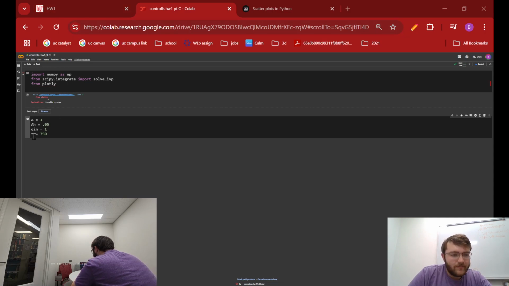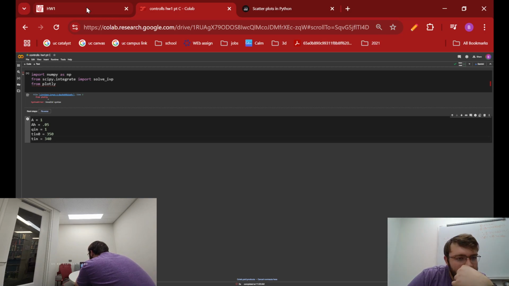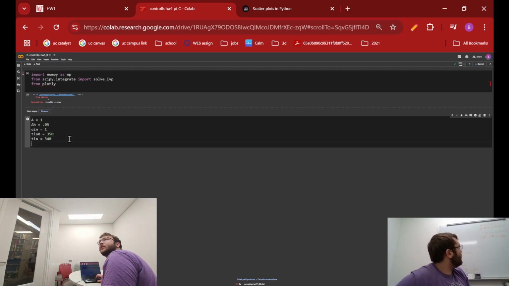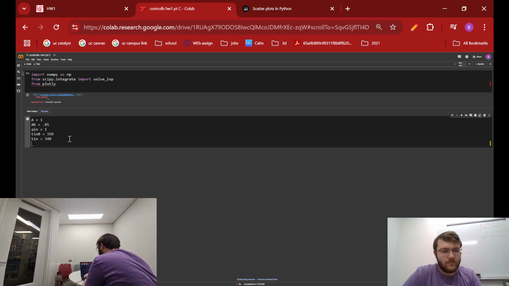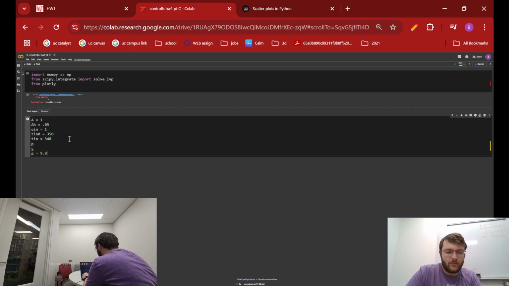So this is T naught, and then this is Tn, which drops to 340. And then what other variables do we have back here? We have rho, C, and g, which g is 9.81. Rho is 1,000.